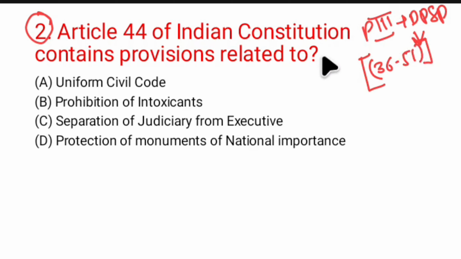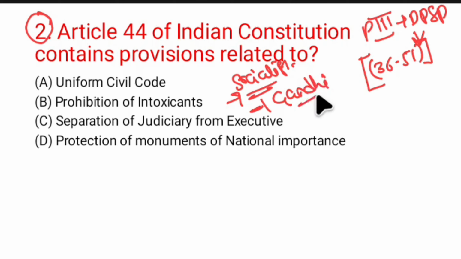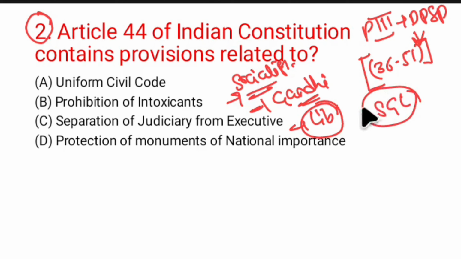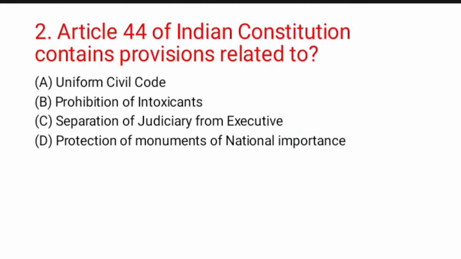Basically, DPSPs were categorized, for understanding purposes, into three forms: socialistic provisions, Gandhian provisions, and liberal provisions. Let us understand each DPSP article one by one.